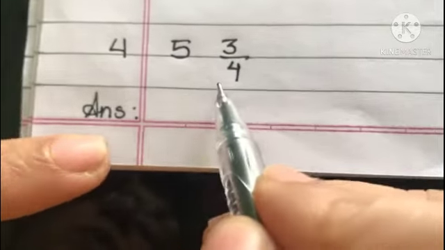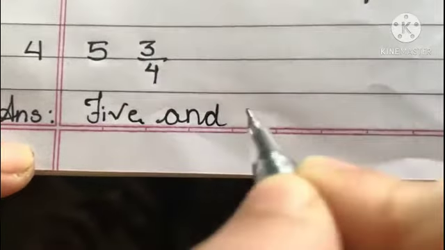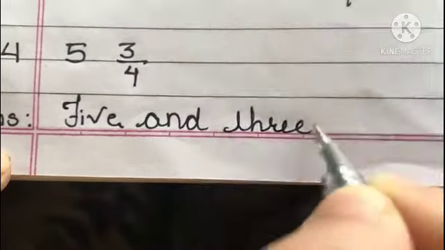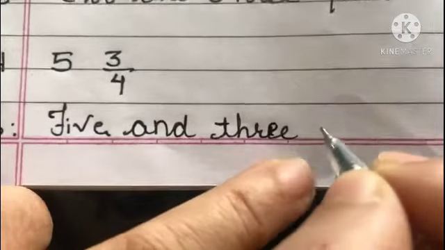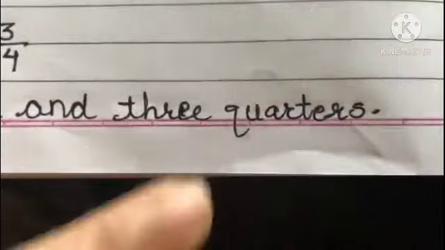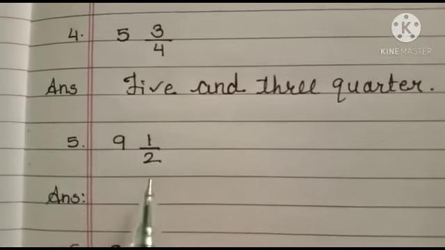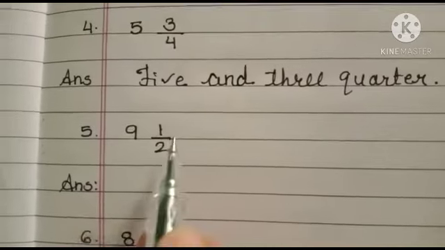This fraction we have to write in words, so we'll write it as 5 and 3 quarters. The next is given 9 and 1 upon 2. We will read it as 9 and a half also.